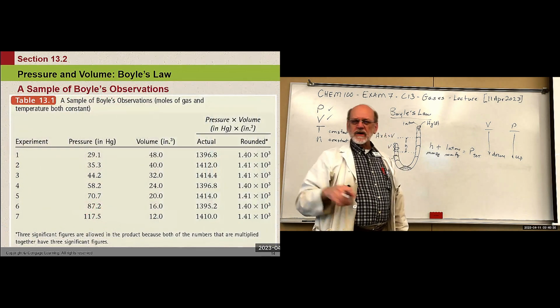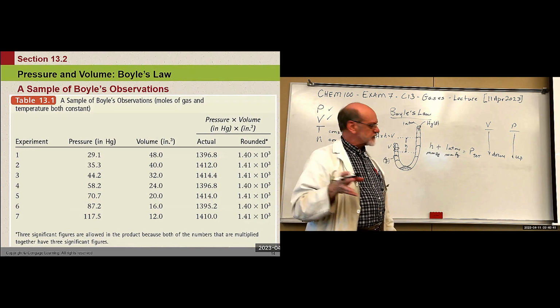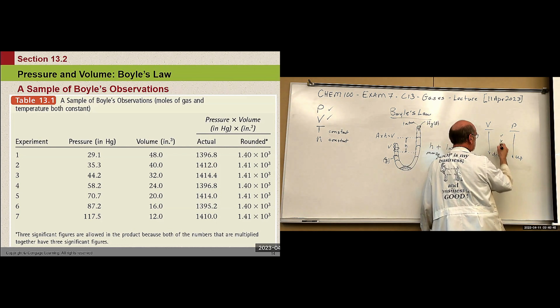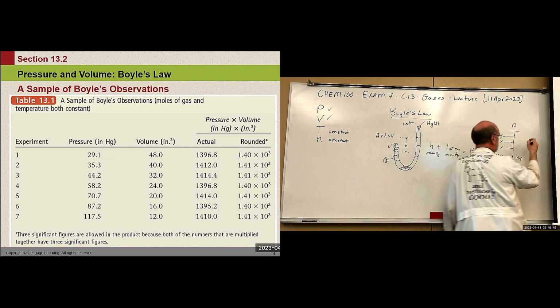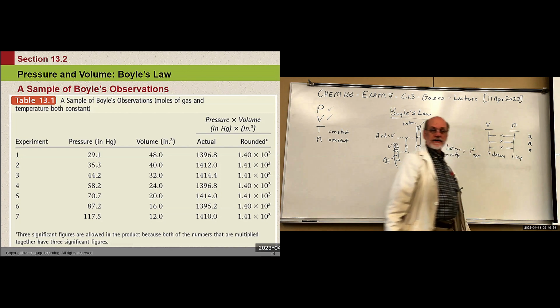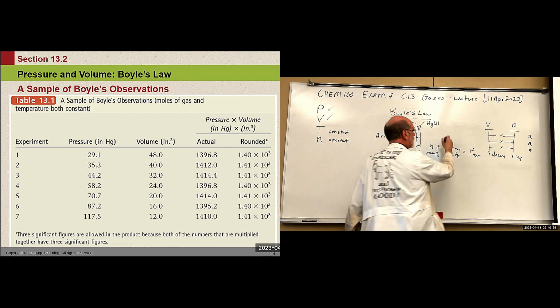Okay, so here's a hypothetical situation. And what he noticed was when you multiply this one times that one, and that one times that one, that one times that one, you get the same value. It's constant. So that's Boyle's law.